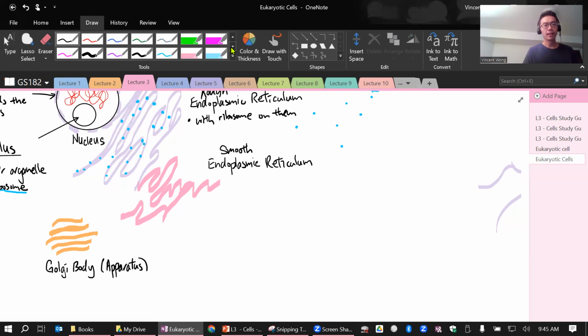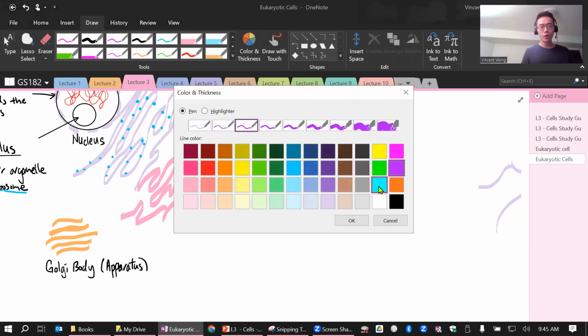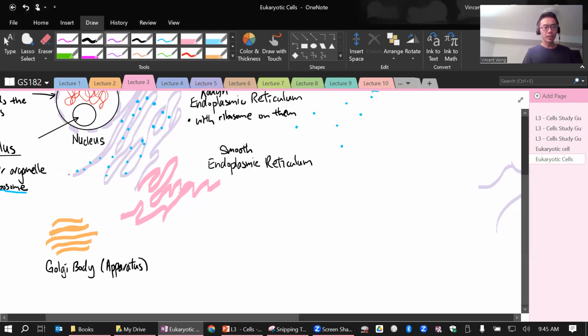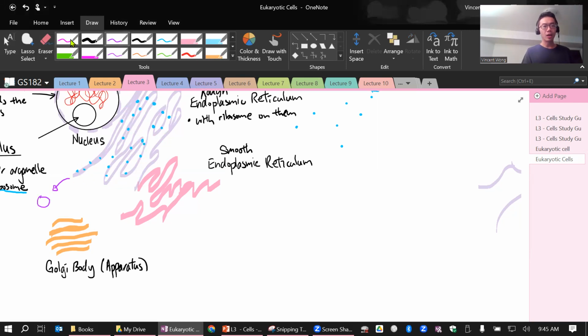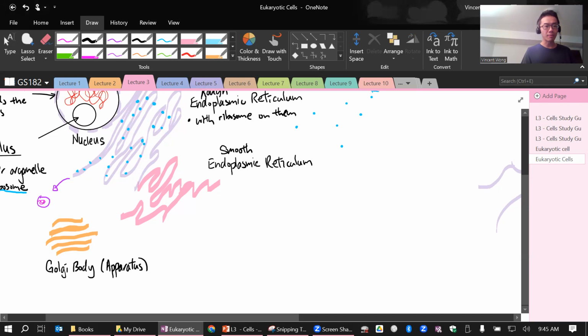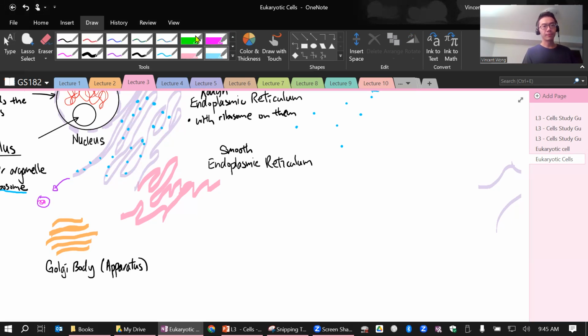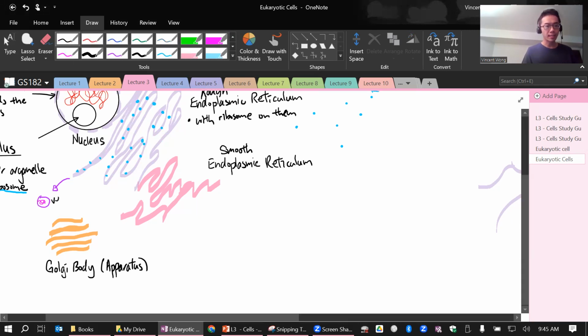So if you were with me the whole time, there is going to be a vesicle that pinches off, right? That buds off from the ER, and that vesicle is going to have some protein in it. So this is a vesicle with protein.